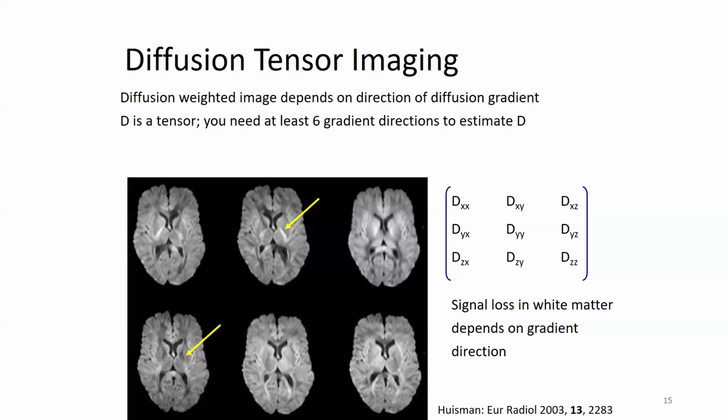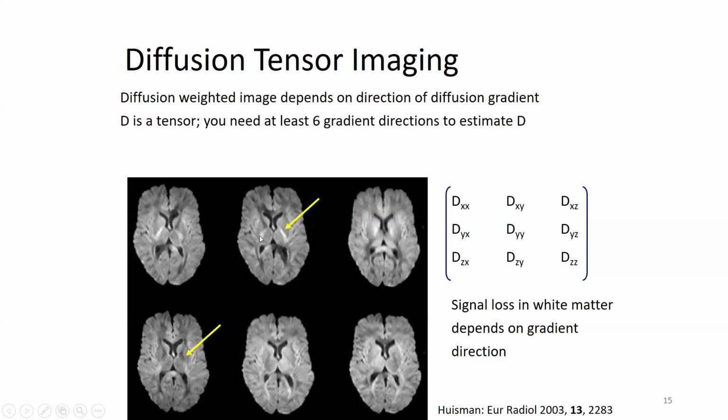It doesn't have to be exactly 3 directions, but I can play out my gradients in all different directions. And if I play the gradients in different directions, these are all diffusion-weighted images, with, say, a B value of 1000, but in different directions.